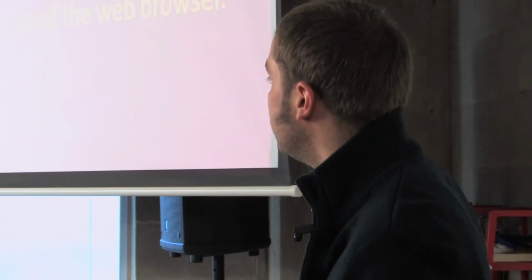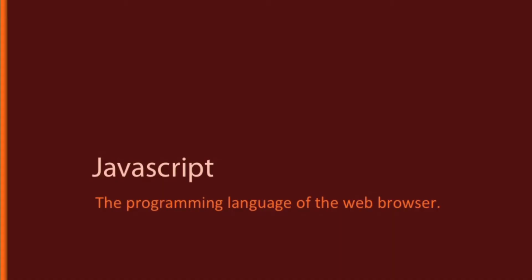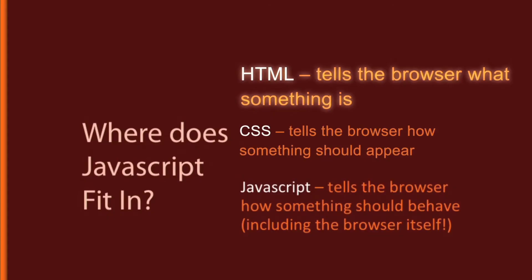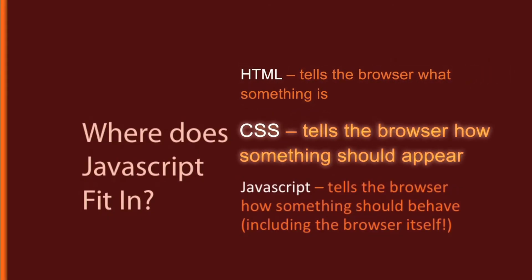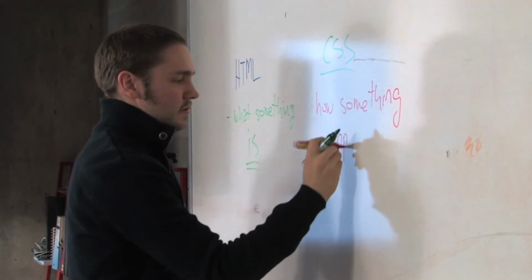So JavaScript, in a nutshell, we want to think of it as the programming language of the web browser. This will be our first real intro into a programming language. Going back to what we've discussed, HTML is responsible for what something is, and CSS is how something appears, right?